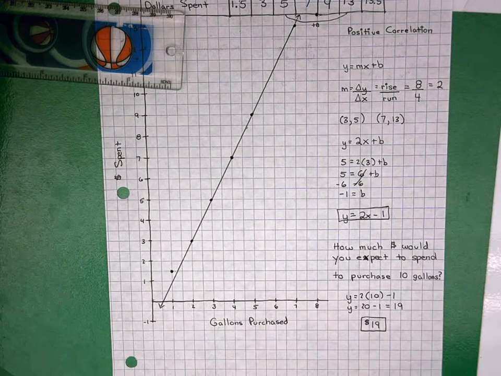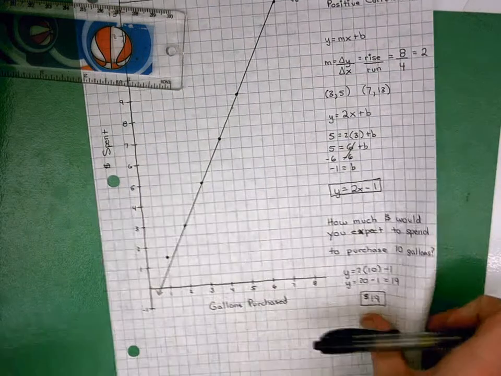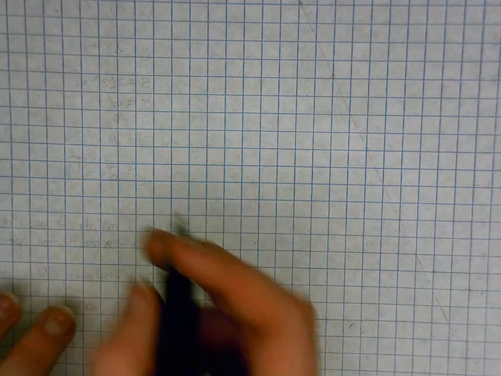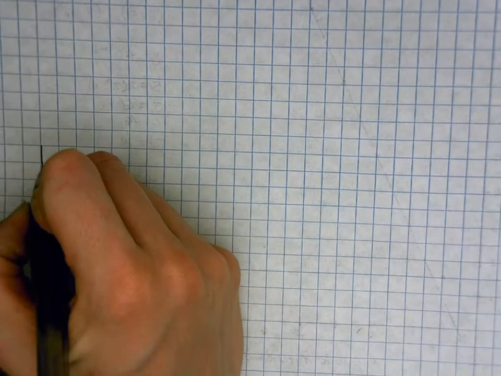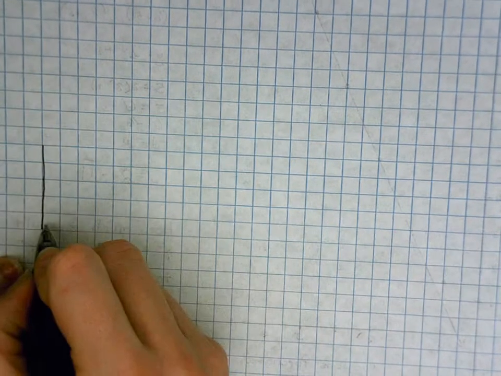The final one is our correlation coefficient. Let me go ahead and turn this over and zoom back in. Our correlation coefficient is designed to measure the relative strength of something. Right? So if we were looking, for example, at a graph that looked like this one.